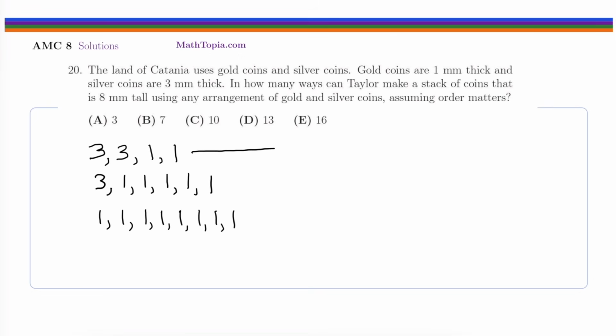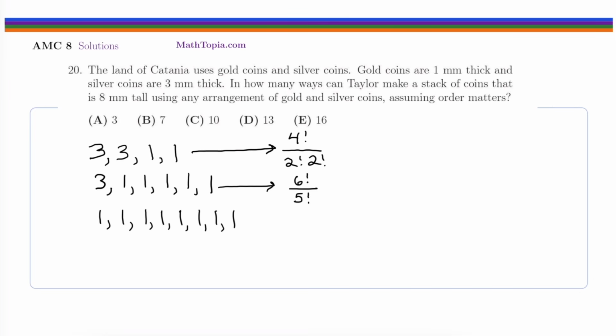So for our first option, we have 4 total coins, so 4 factorial, divided by 2 factorial since there's 2 3 millimeter coins, and 2 factorial since there's 2 1 millimeter coins. Then for the next one, we have 6 total coins, divided by 5 factorial for the 5 1 millimeter coins.